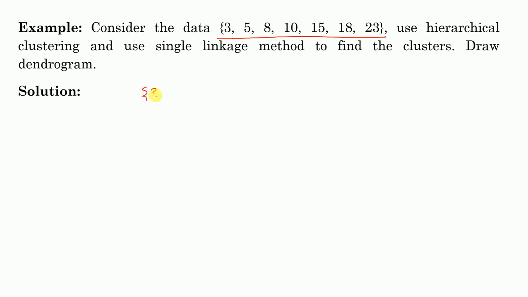This is one cluster, this is the second cluster, 8 is another cluster, similarly 10 is another cluster, 15 another cluster, 18 and 23. Okay. Now we have to calculate the distance between every pair of clusters.